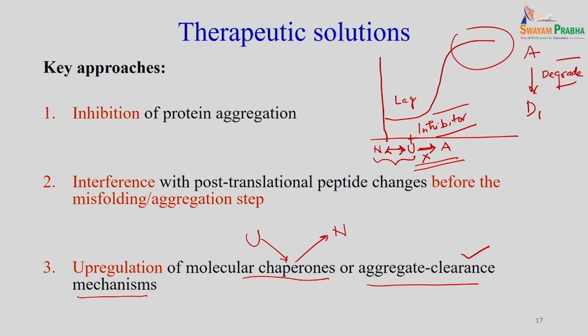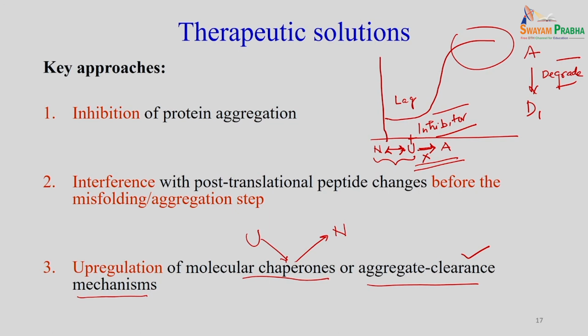We discussed various steps to modify the unfolding process, or refolding from the unfolded state to the native structure, or blocking the aggregation process after the nuclei, or, once an aggregate is there, devising an aggregate clearance mechanism or degrading those aggregates so that they can be secreted out by the body.